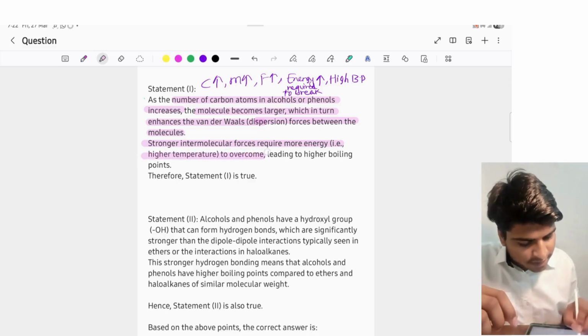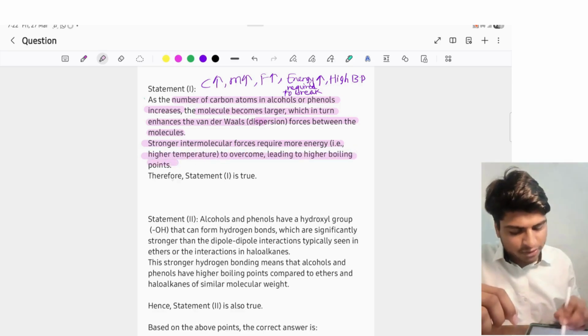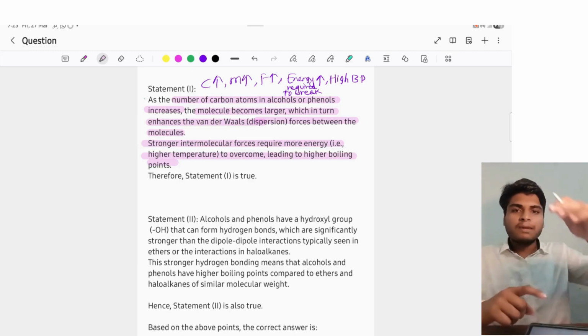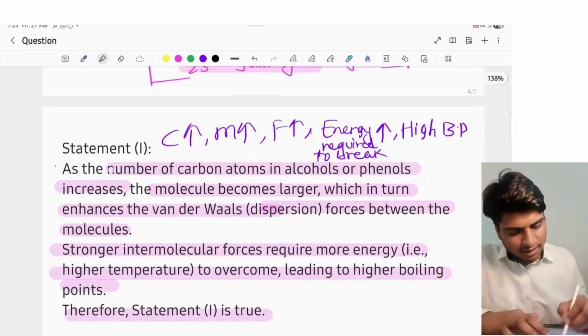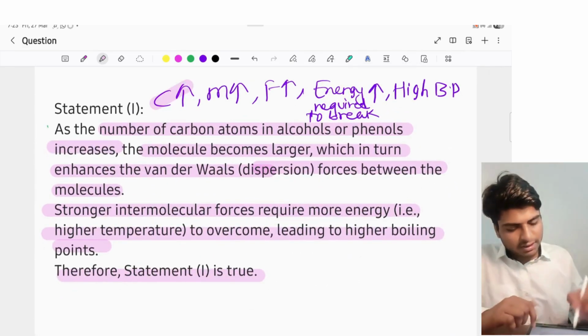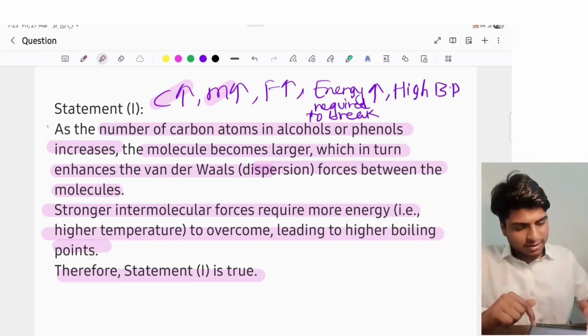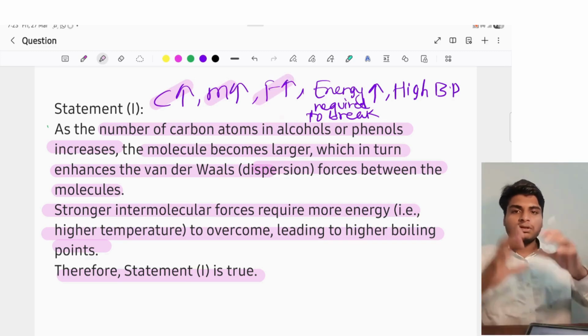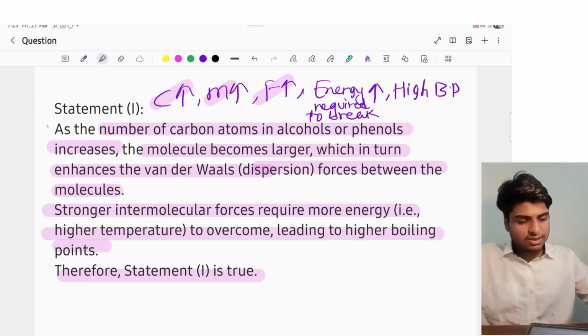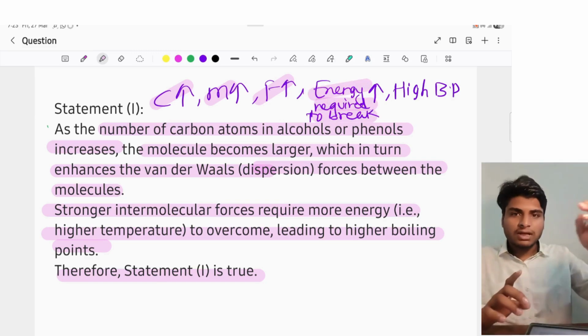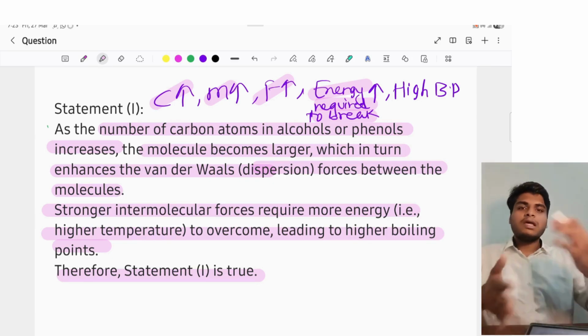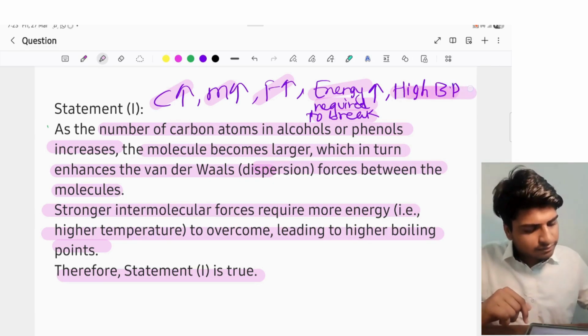So there will be a higher boiling point. Like this, when the carbon atoms increase, the molecules get larger, the force between the molecules increases, and the energy required to break the bonds between them also increases. With this, there will be a high boiling point.